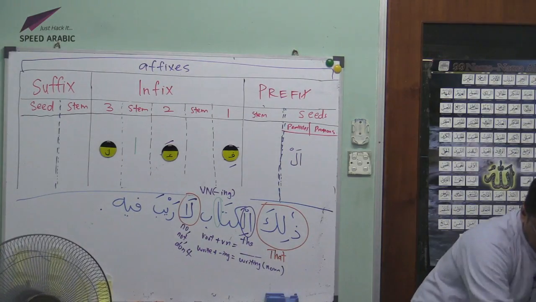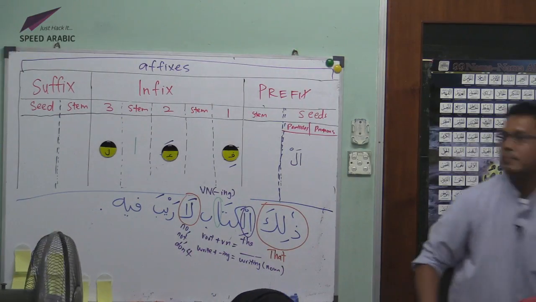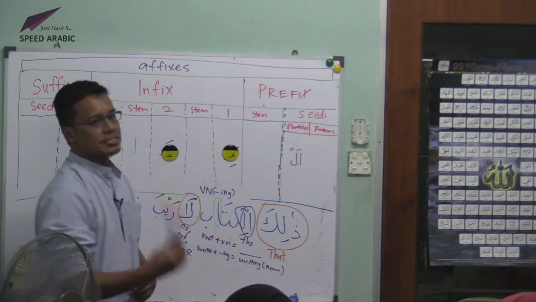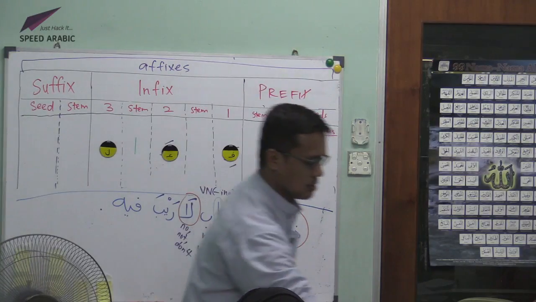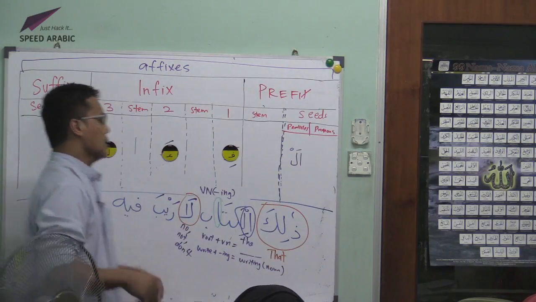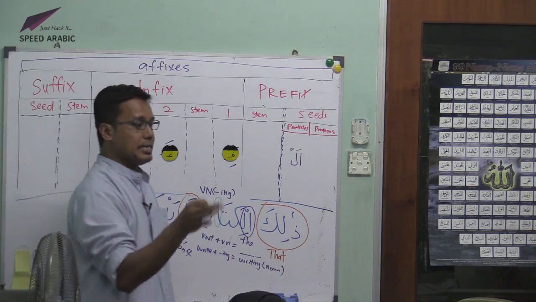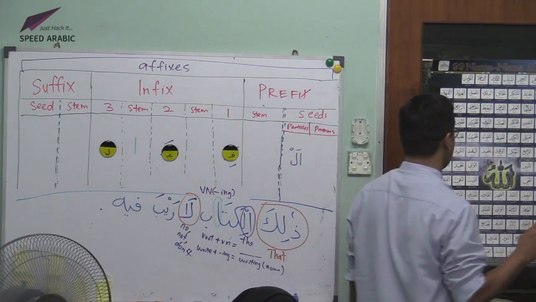Okay, so the next one, Al-Kitab. The Al, which color did you highlight? Purple, because it's a sticky particle. And then for Al-Kitab, you don't highlight the roots, you just highlight the infix, which is alif. What color is it?